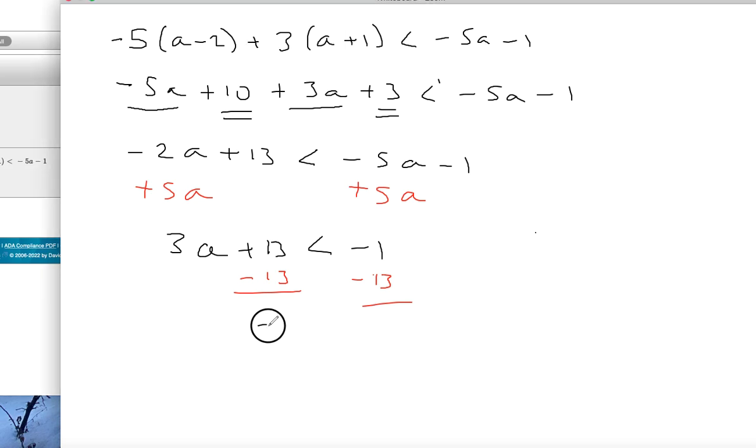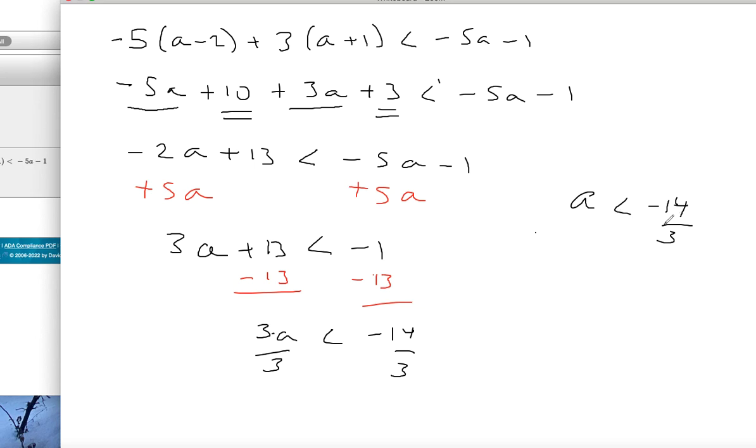Boom, and that's going to give us 3a is less than negative 14. And then we'll divide out that 3 on both sides. Since the 3 is multiplying, we undo that with division. And that should be it. So a is less than negative 14 thirds.